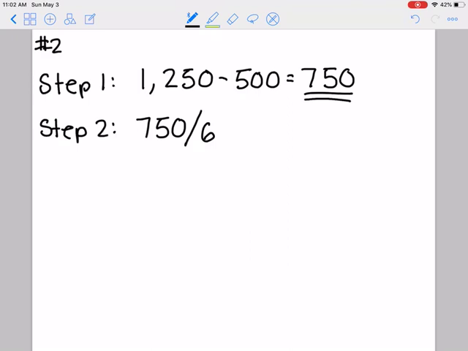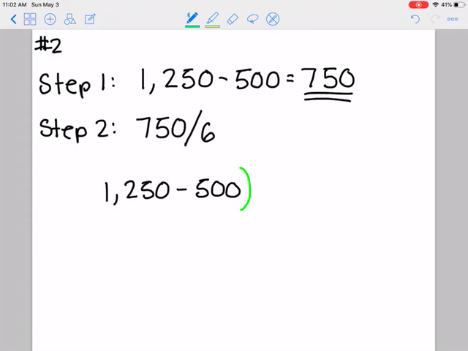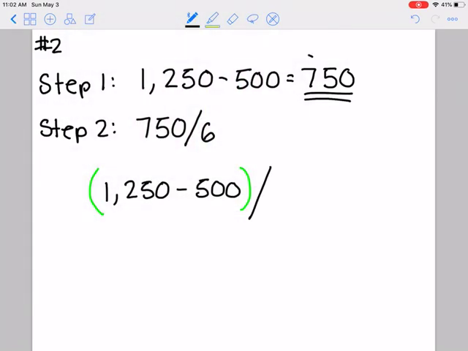So we know that the first thing we did was 1,250 minus 500, and then we divided that answer, which was 750, divided by 6 equals S for how many tickets they need to sell. You could do T for ticket, it doesn't matter. Or how many students would need to buy the tickets.